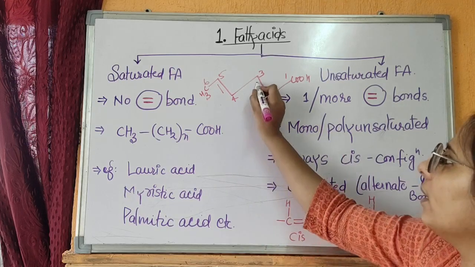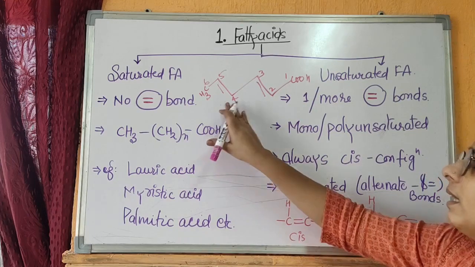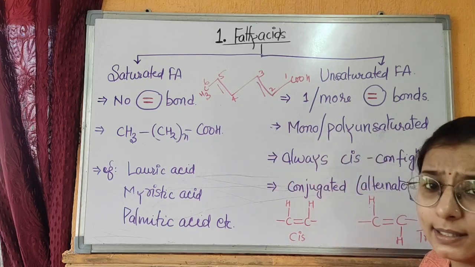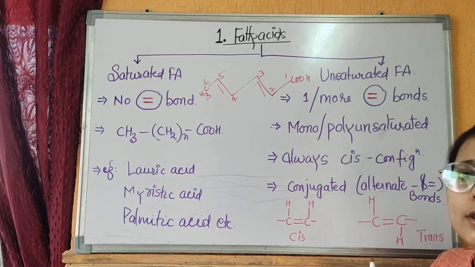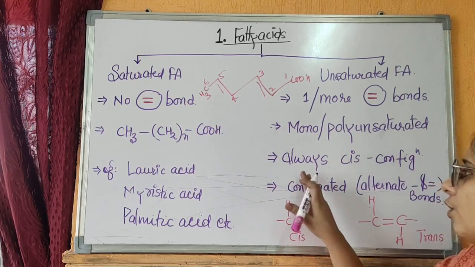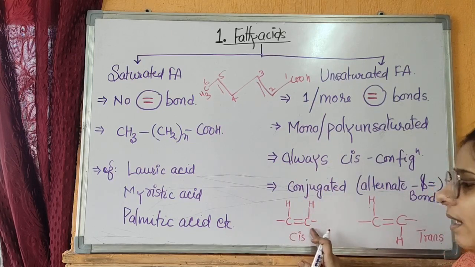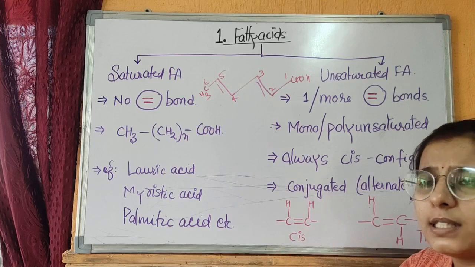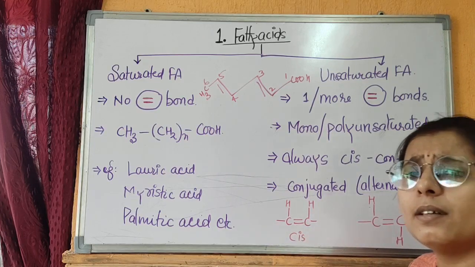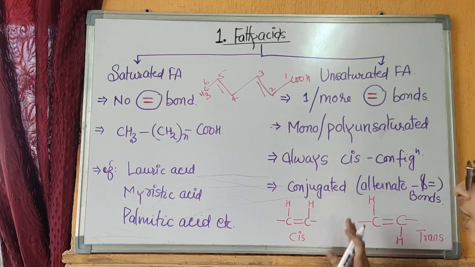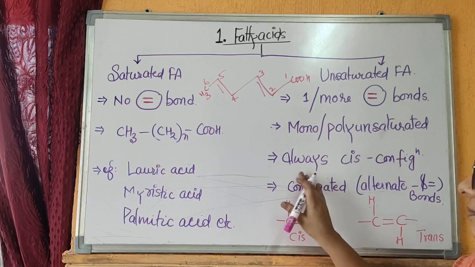If they have more than one double bond, then they are called polyunsaturated fatty acids. Usually unsaturated fatty acids have a cis configuration, where the hydrogen atoms of the two carbon atoms are present on the same side of the double bond. But some unsaturated fatty acids also have a trans configuration, where the two hydrogen atoms of the carbon atoms having a double bond are present opposite to each other.